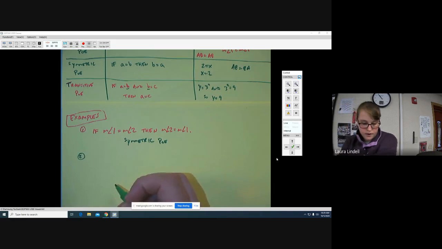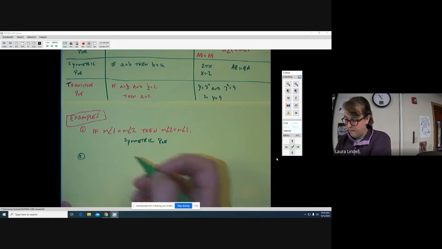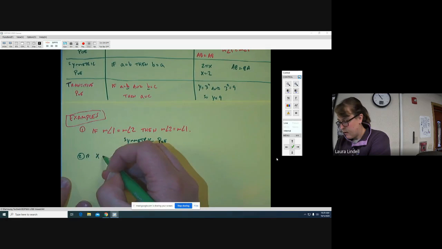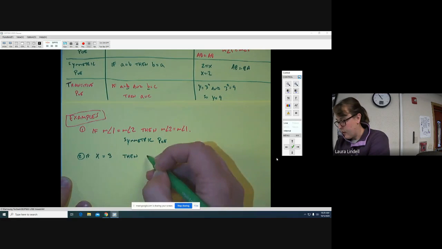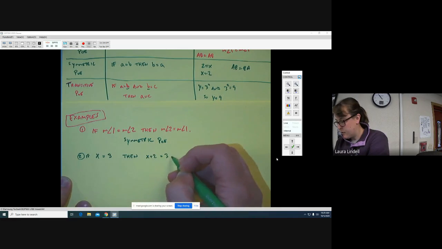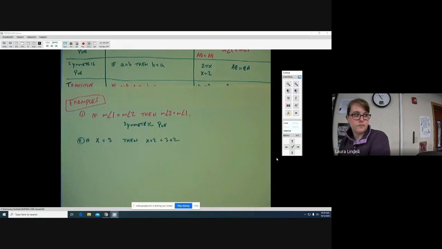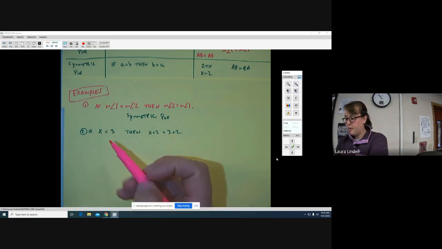All right, another one. If x equals 3, then x plus 2 equals 3 plus 2. What's the difference between this one and this one?